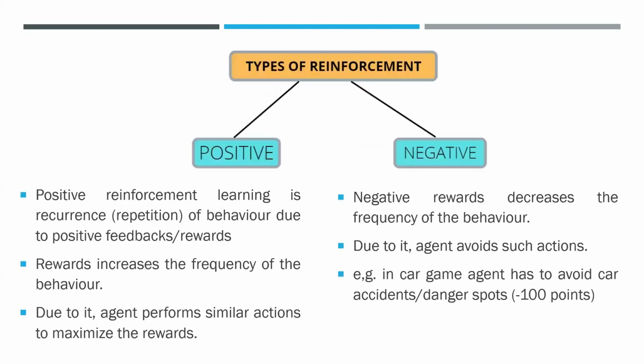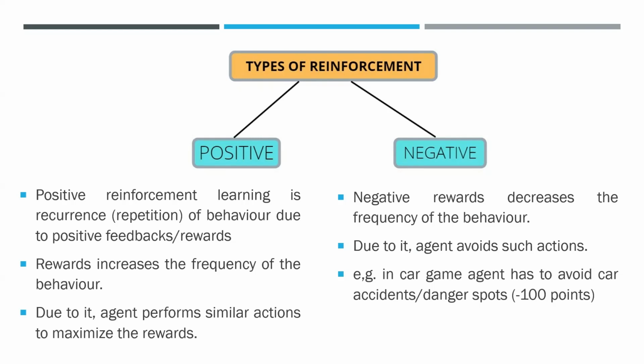Now let us come to the types of reinforcement learning. Positive reinforcement learning and negative reinforcement learning are the two types. Positive reinforcement learning is the recurrence, or repetition, of the behavior due to positive feedback or rewards. In the earlier example, when the dog catches the ball, it gets the reward.